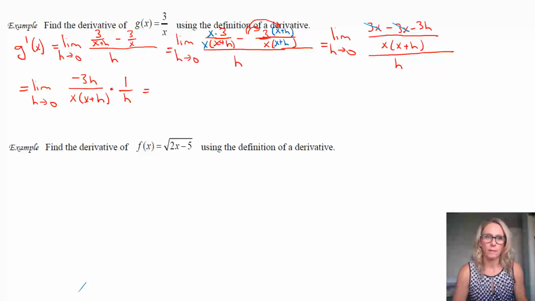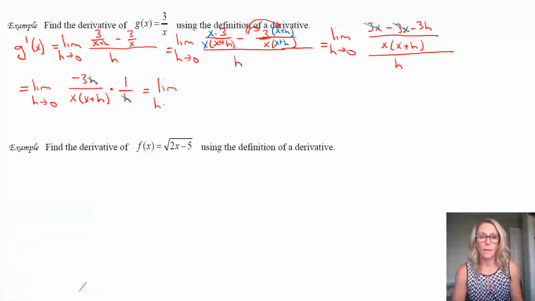But bigger than that, we have h over h, and that simplifies. That's key, because now I want you to see that when we look at the limit as h goes to 0, we have negative 3 in the numerator, because it's just negative 3 times 1, and the denominator is just x times x plus h.